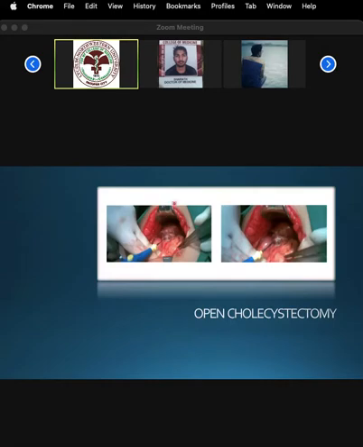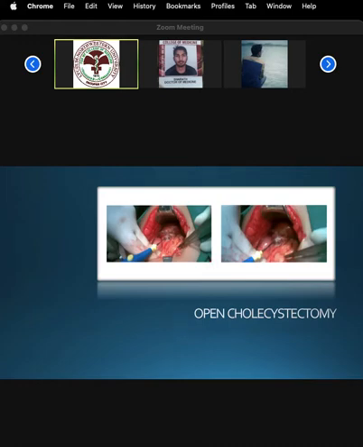So again, open cholecystectomy. There are two ways of doing it, either through a retrograde pattern or an antegrade fashion. When we say antegrade fashion, we first identify the cystic duct and the cystic artery, ligate them, and then mobilize or dissect the gallbladder from the liver bed, starting from the neck going upwards into the fundus.